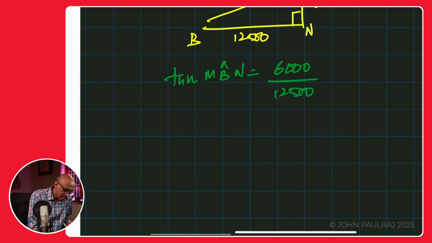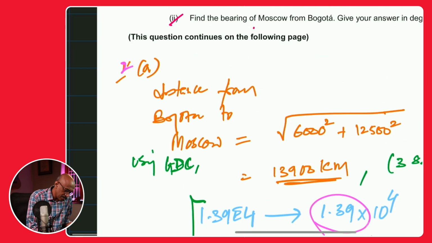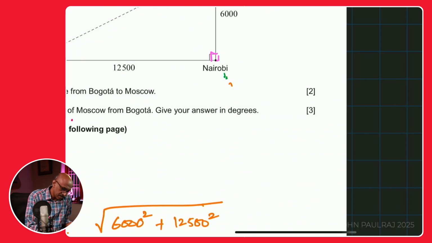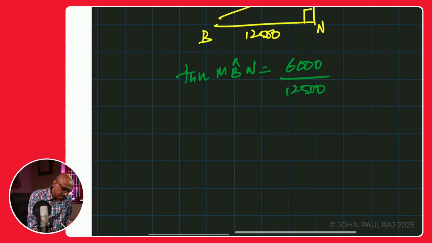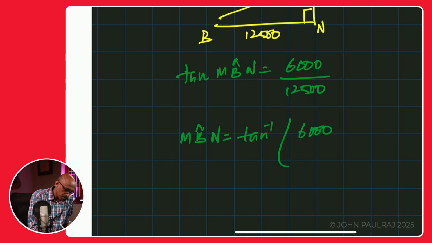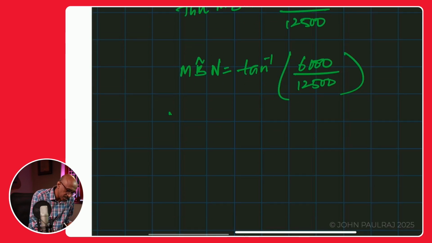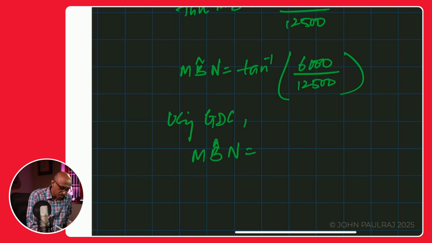So that means the angle MBN must be the tan inverse of 6,000 over 12,500. And once you've written that, you can just say using GDC. So you've labeled everything, written down everything, and then you said I'm going to use my GDC.